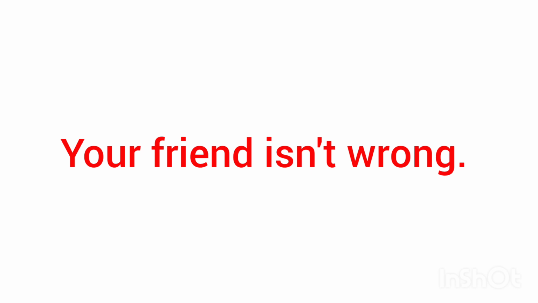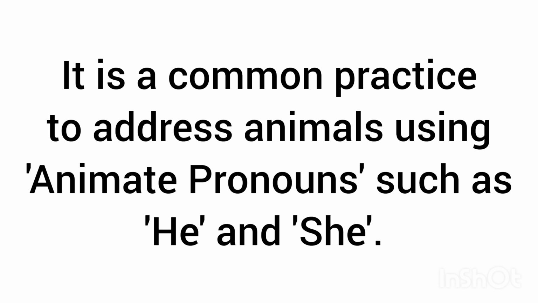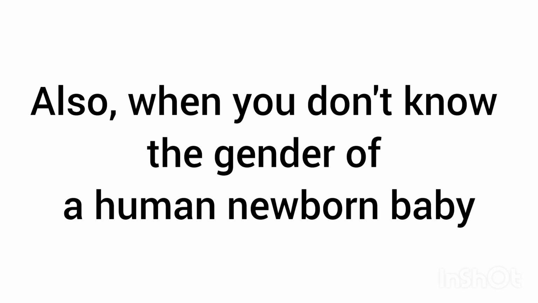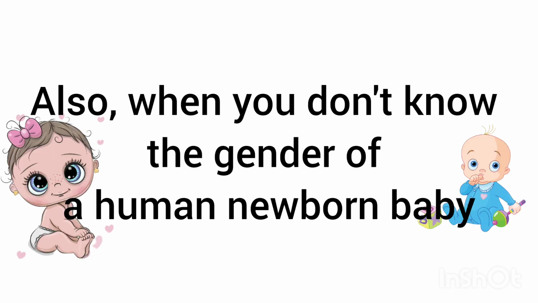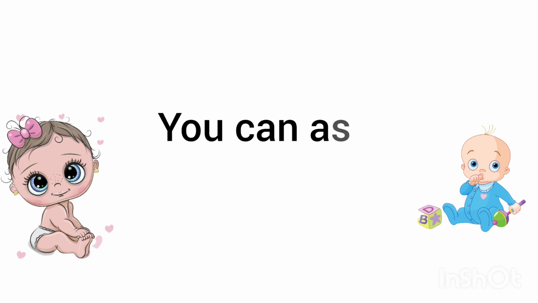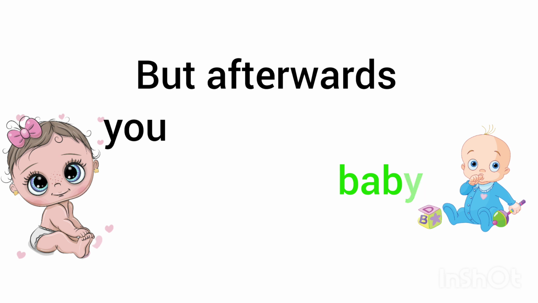Well, your friend is not wrong because it's a common practice to address animals using animate pronouns such as he and she, as animal lovers often don't like to use it. But grammarians might not accept it. Also, when you don't know the gender of a human newborn baby, you can ask, is it a boy or a girl? But afterwards, you should not use it for a baby.